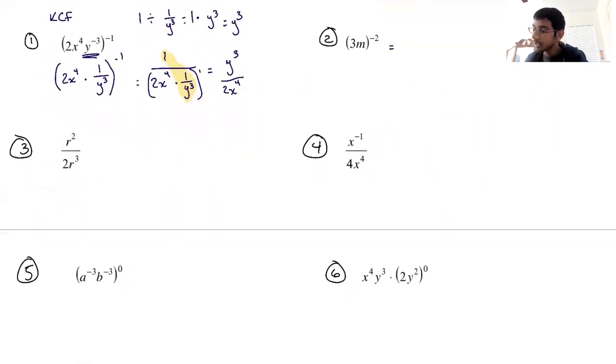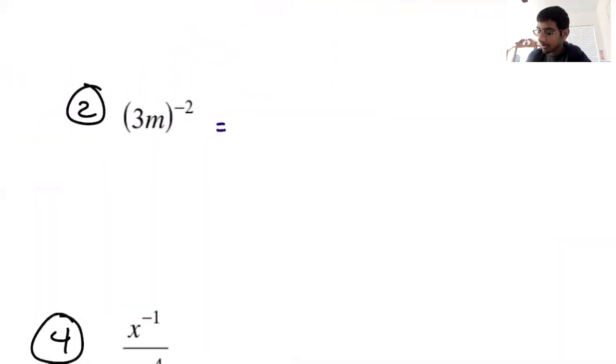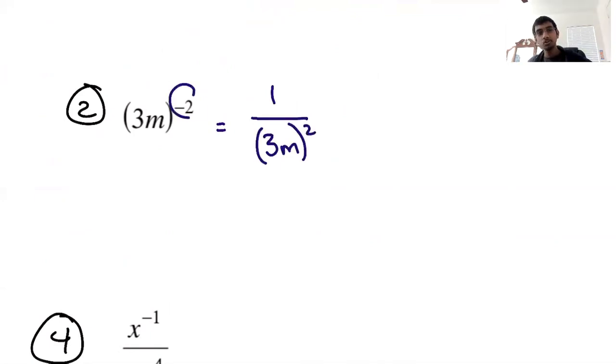So what we're going to do is 1 over 3m raised to the second power, right? Because we're just following our rule. We have the -2 right here, so that turns into a +2 when it goes onto the bottom of the fraction, and it's still attached to that 3m.